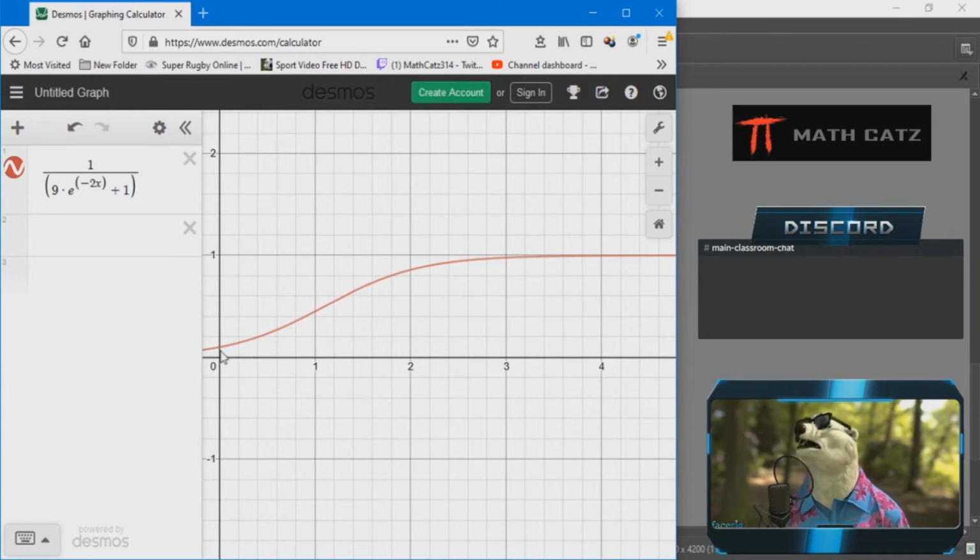So what I see here is I have my initial population size of 0.1, and initially I have basic exponential growth, but very quickly it's going to sort of turn and become that capacity shape that we saw.